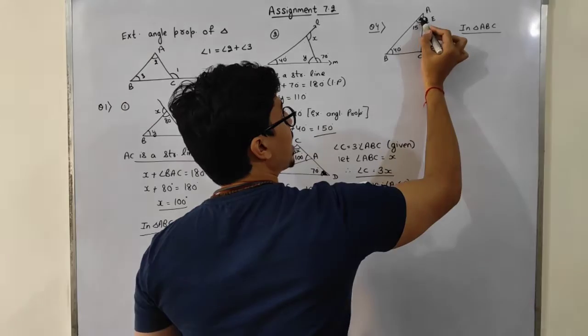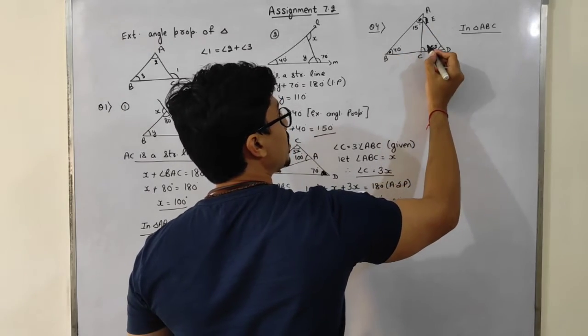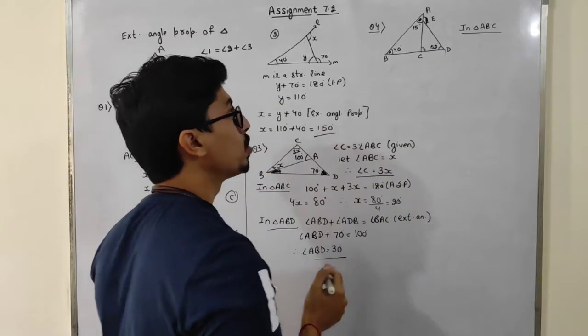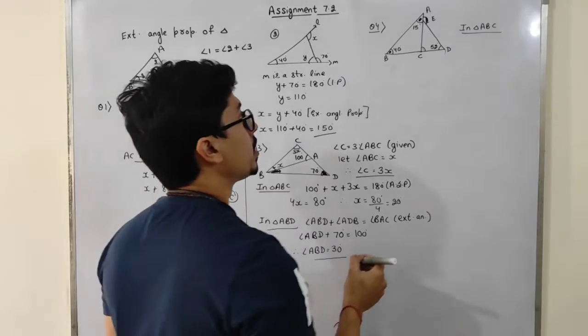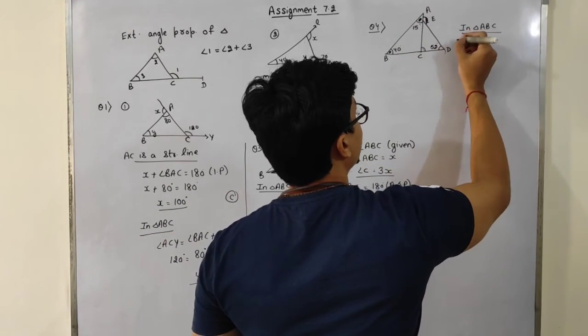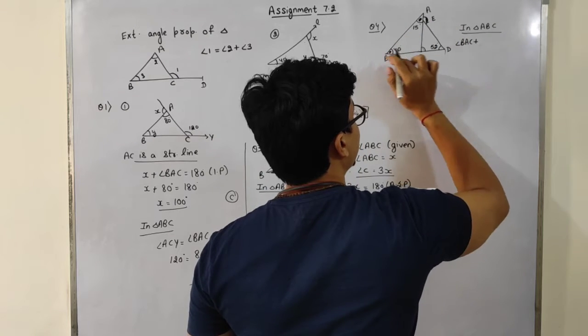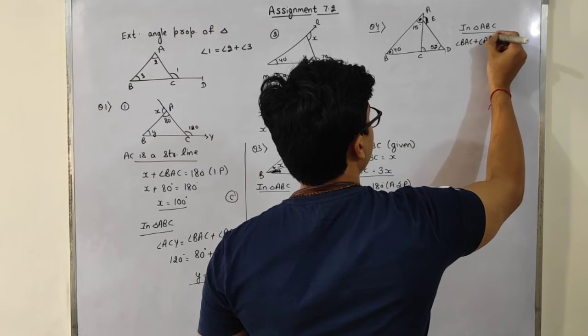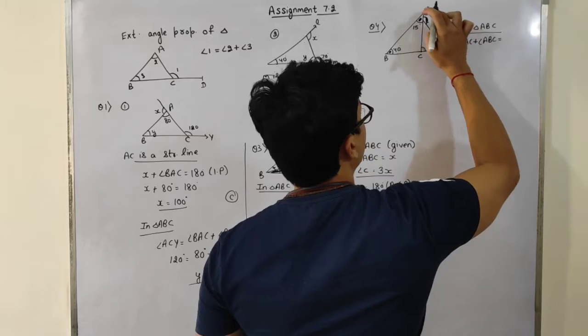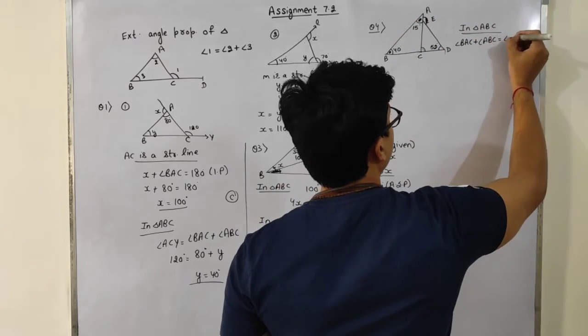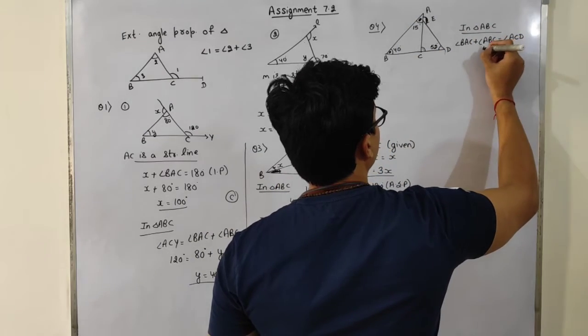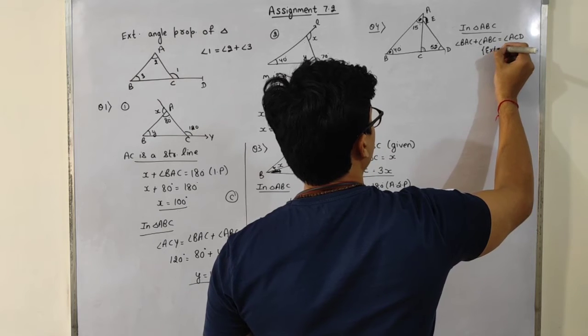So the sum of this angle and this angle is equal to this angle by using the exterior angle property. That means angle BAC plus angle ABC is equal to angle ACD by exterior angle property.